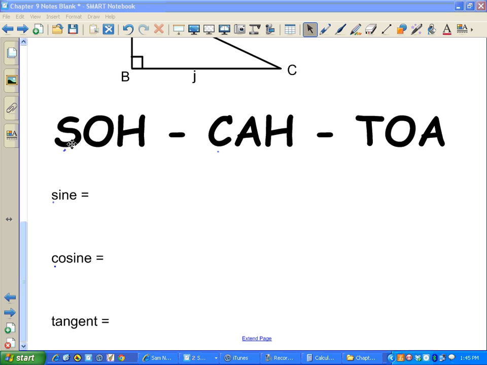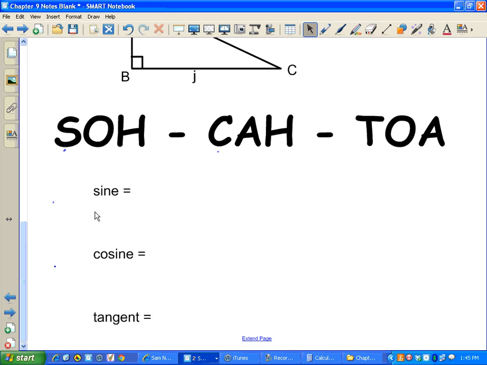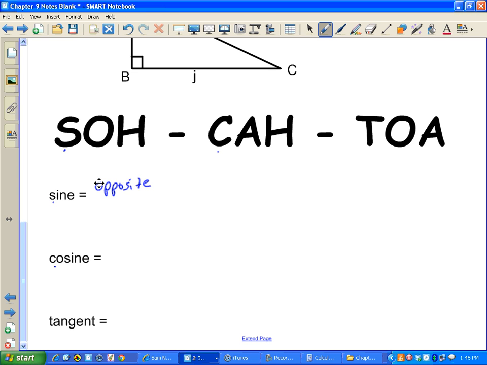Now, the OH that comes after the sine tells me that the sine equals the opposite side over the hypotenuse. Opposite over hypotenuse.